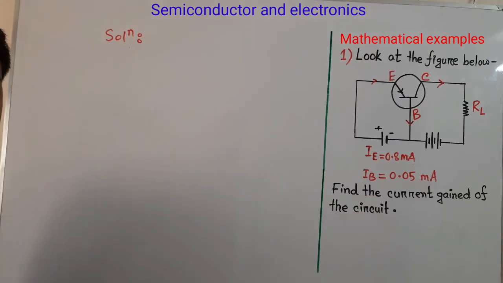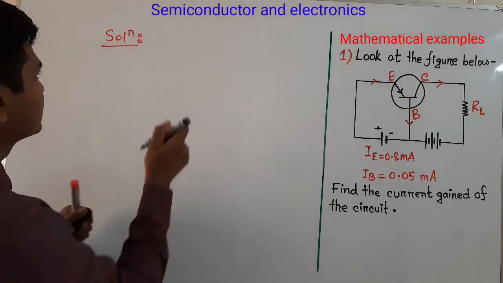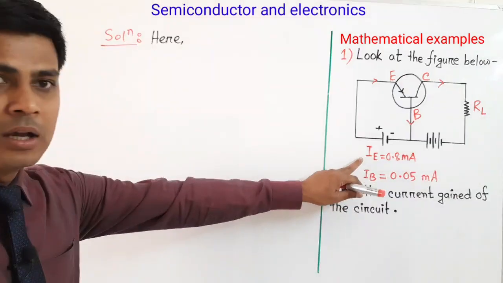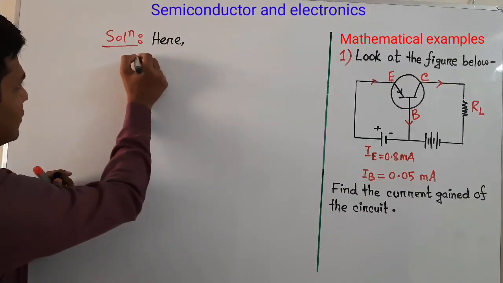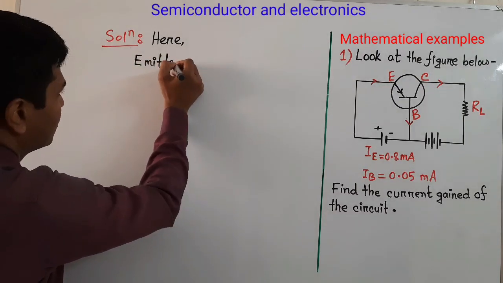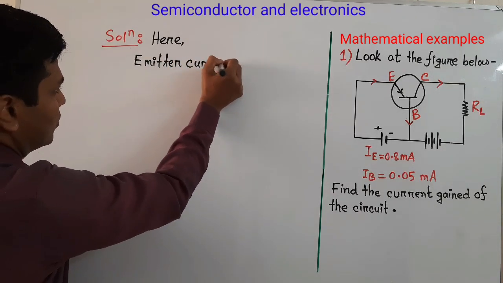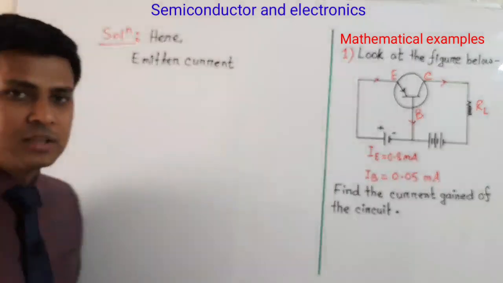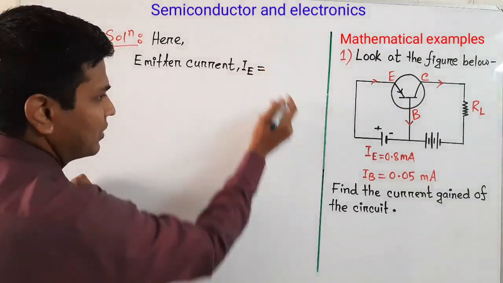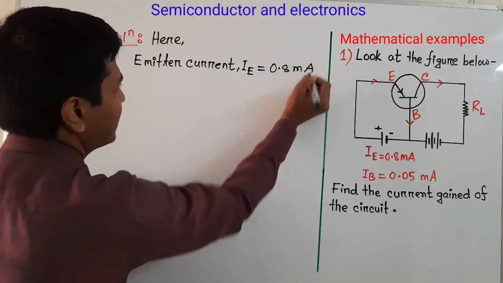Solution. First, we have to write the given information. Here the emitter current is represented by IE, and its value is given as 0.8 milliampere.